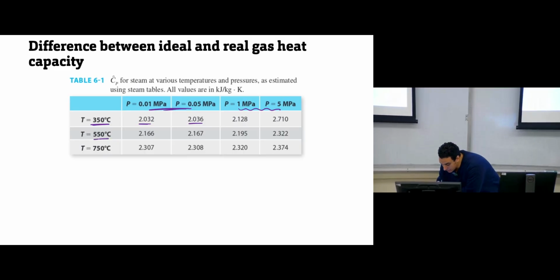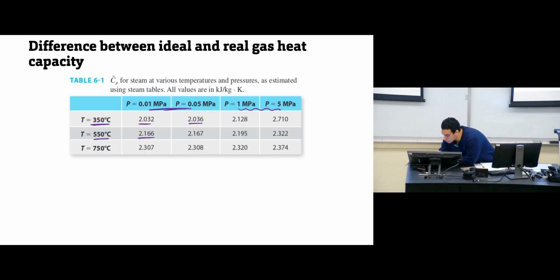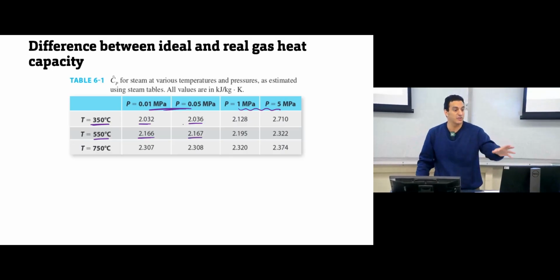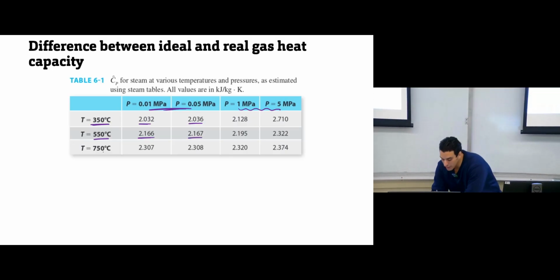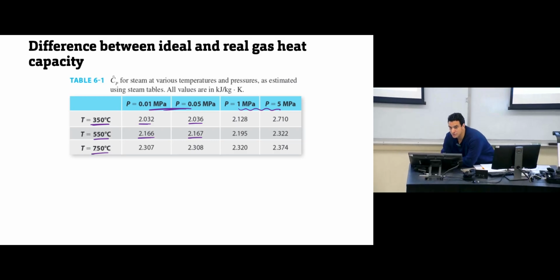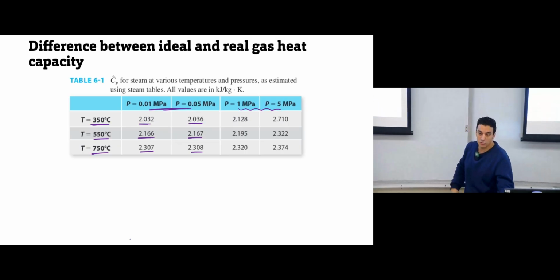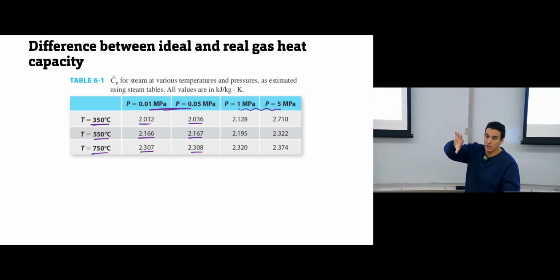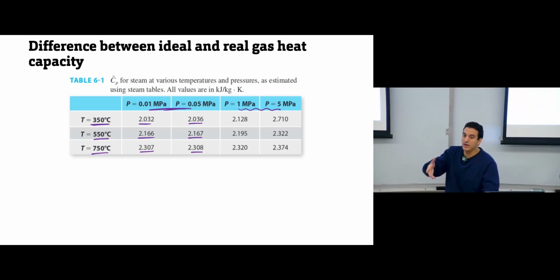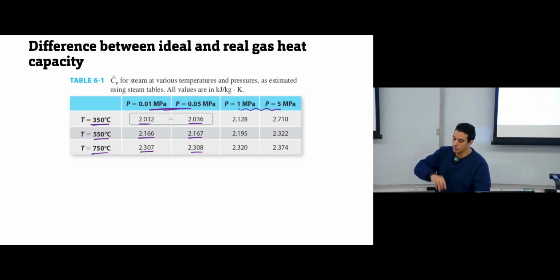At 550 degrees Celsius, the heat capacity is 2.16 and 2.16, even if the pressure is 5 times higher, because the pressure value is low. At 750 degrees Celsius, with 0.01 and 0.05 megapascal, Cp is constant. This is why we said that at low pressure, the value of Cp is a function of only temperature.